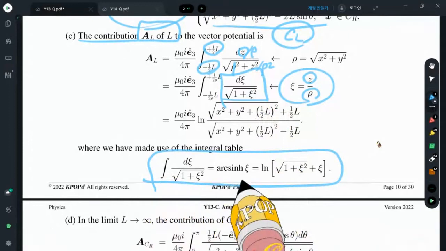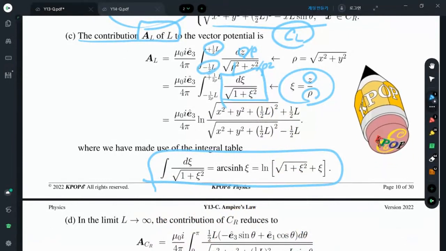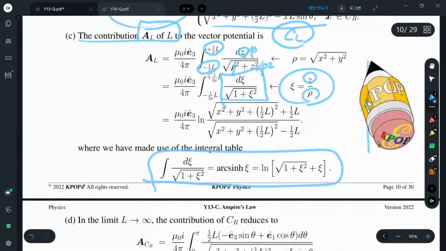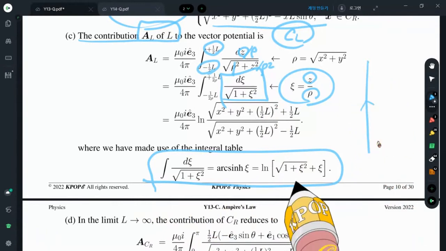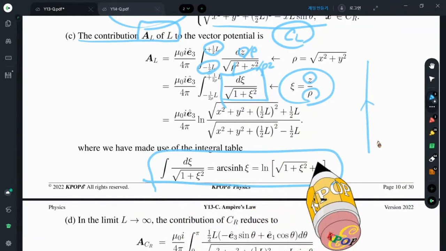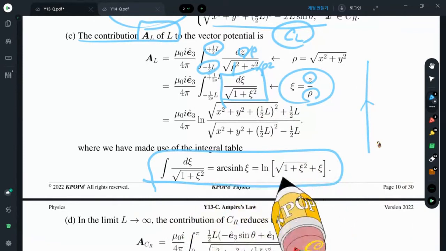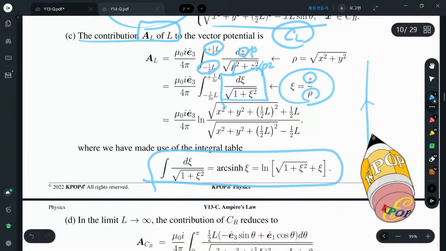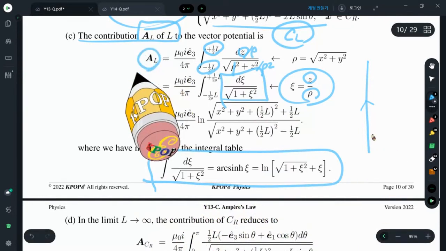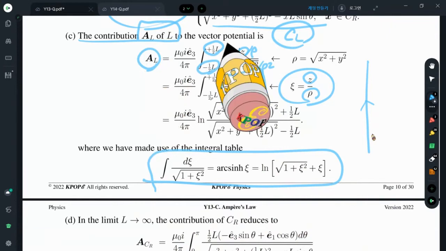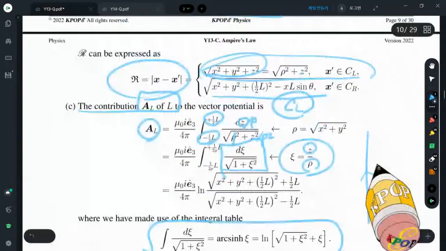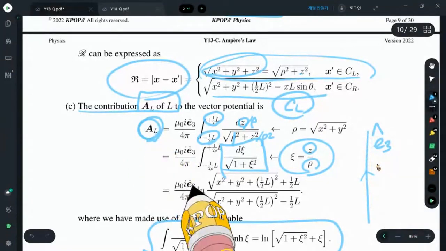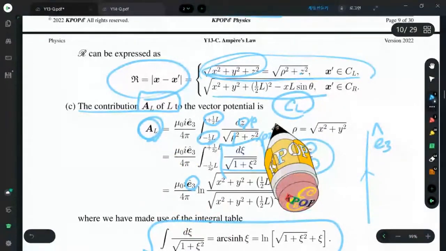When we computed the electric field due to a charge distribution along a straight wire, we used this integral table, and actually we derived this integral table already. So we just substitute this. We find the AL contribution, because it is along a straight wire along the z-axis. This vector potential is parallel to E3.